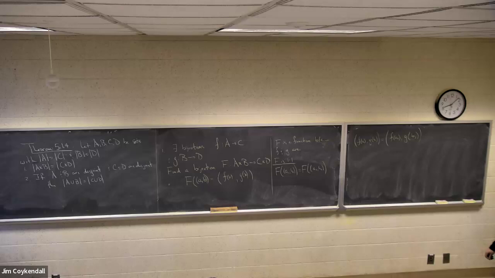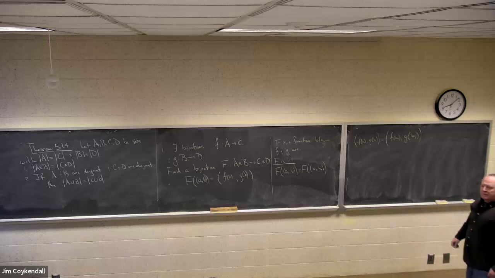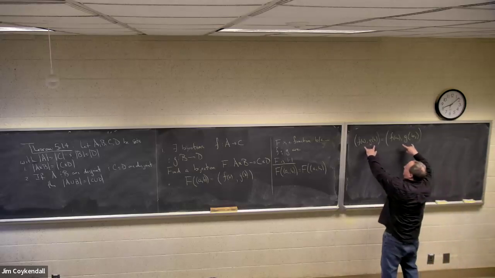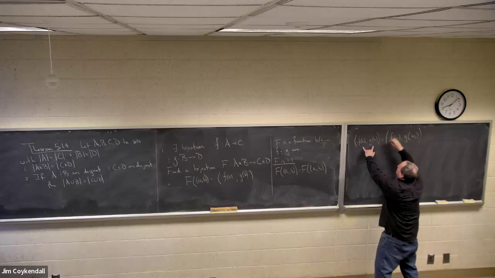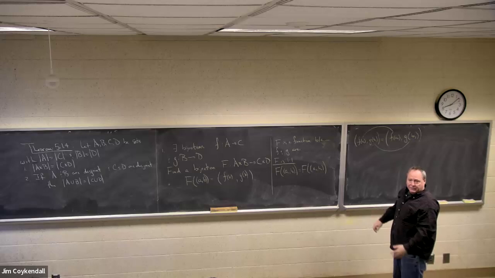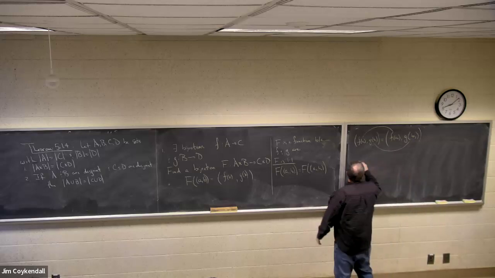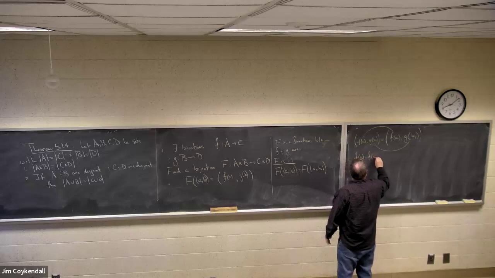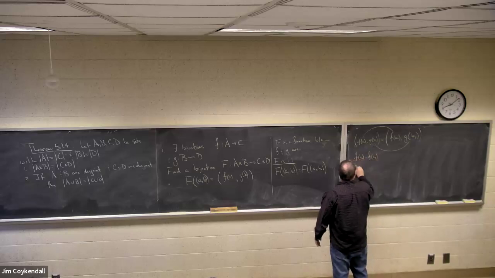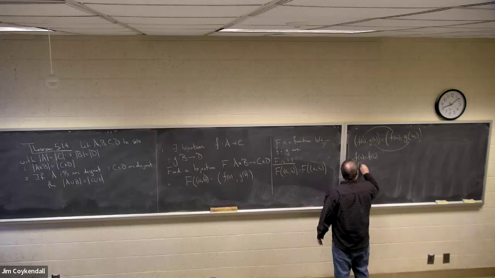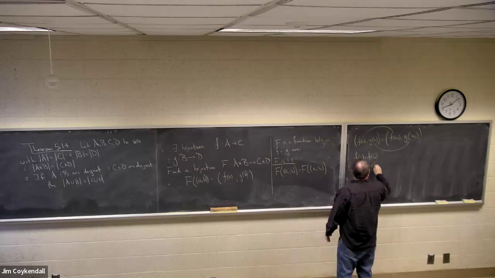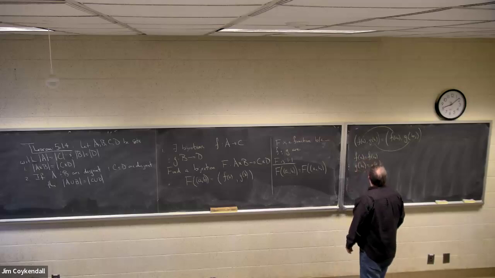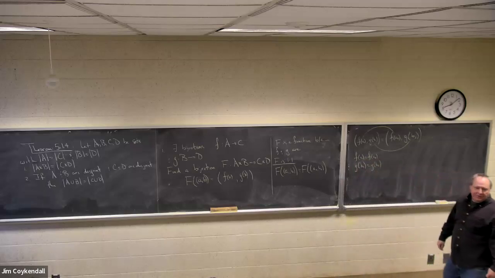Right. Now, what does it mean for these two things to be the same thing in C cross D? It means their coordinates must match, right? That's what equality means in a product. So we have f of a1 equals f of a2, and we have g of b1 equals g of b2. But what do we know about the functions f and g?